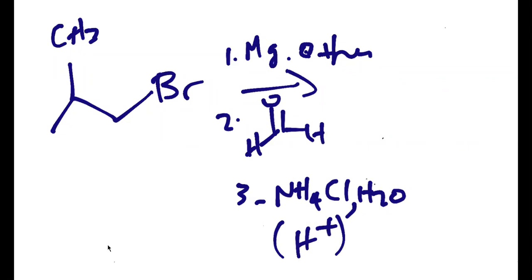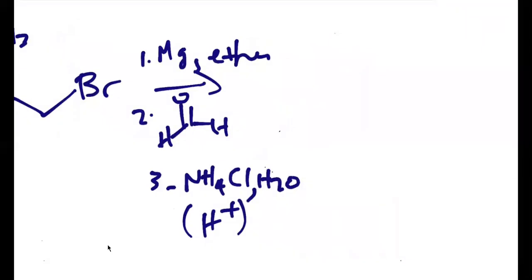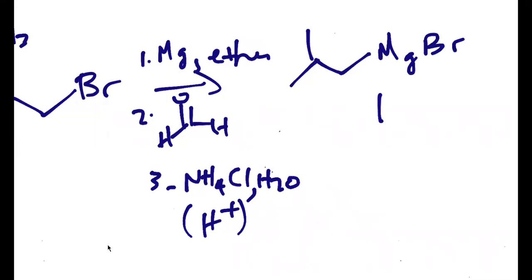All right. So now, after the first step, I'm going to get a Grignard. I can't remember who said that, but you were absolutely 100% correct. And then in the second step, if I react that Grignard with formaldehyde, which is here, what should I get from the second step?